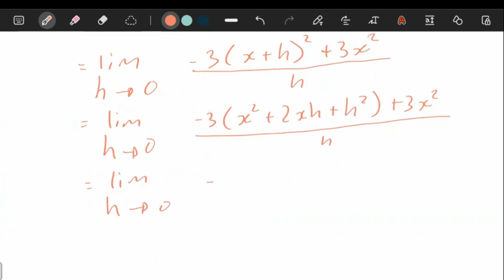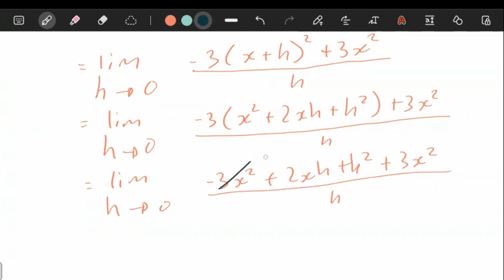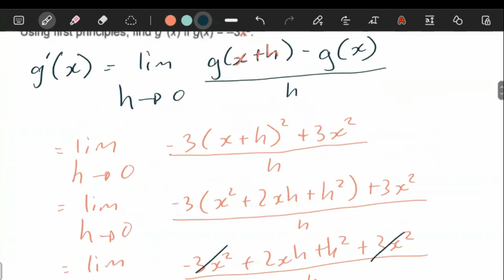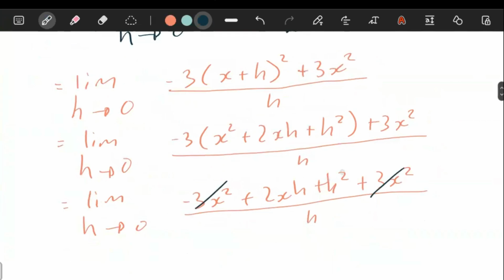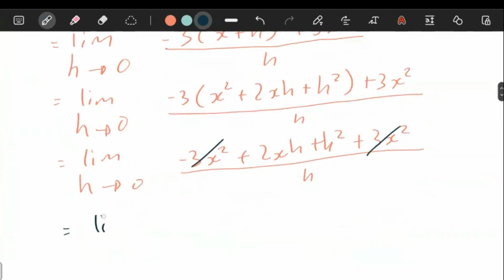If you multiply inside, you can have negative 3x squared plus 2xh plus h squared plus 3x squared, the whole thing over h. Now, everything here needs to be cancelled by something here, otherwise we'd have done something wrong. So for every question that asks for first principles, you always need to see this cancelling.